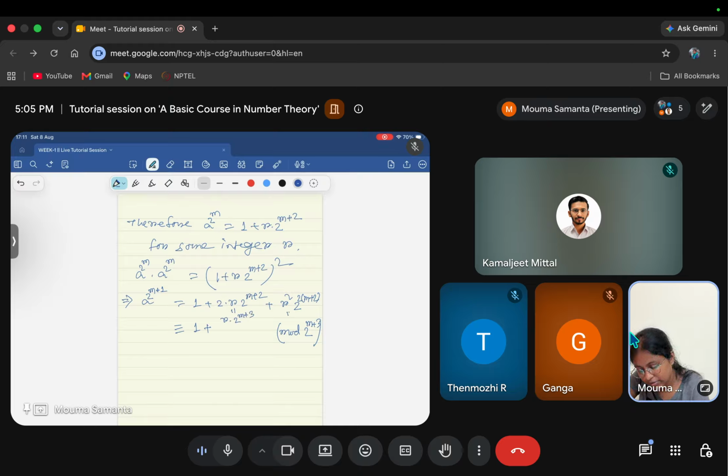And this term r square 2 power 2m plus 4 is always divisible by 2 power m plus 3. So you can see here, the first term is congruent to 1, but the second and third terms are congruent to 0 mod 2 power m plus 3. That is A power 2 power m plus 1 is congruent to 1 mod 2 power m plus 1 plus 2.